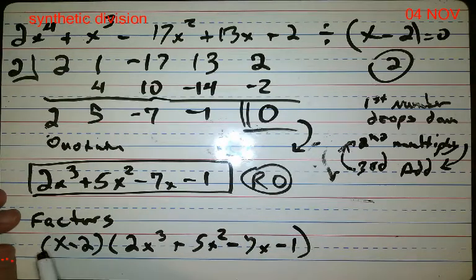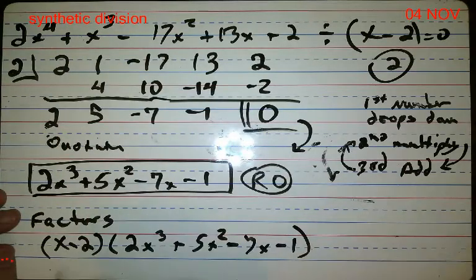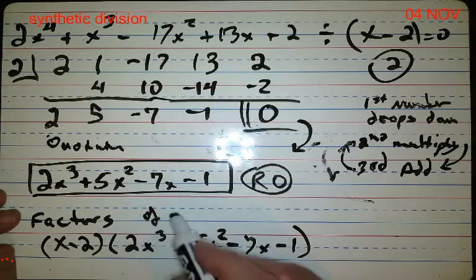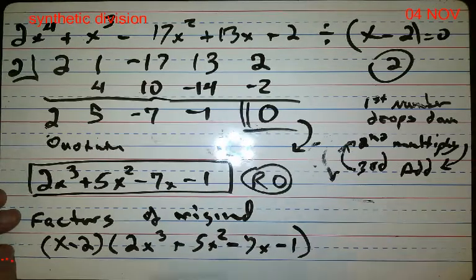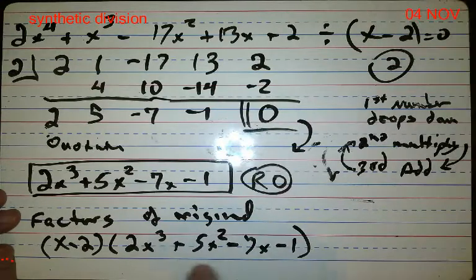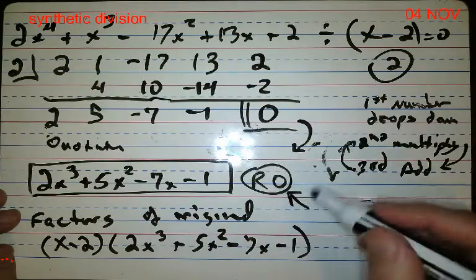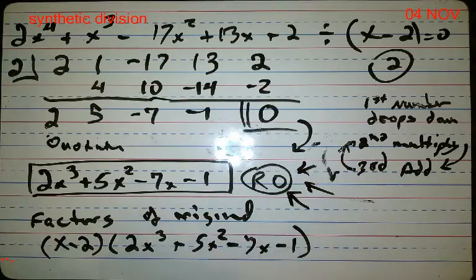If I multiplied this one times this, I would get the original. See, these are the factors of the original problem. So if I want factors, I have to write the thing I divided by and the answer. But that only happens whenever the remainder is 0. Okay? Synthetic division all the way.